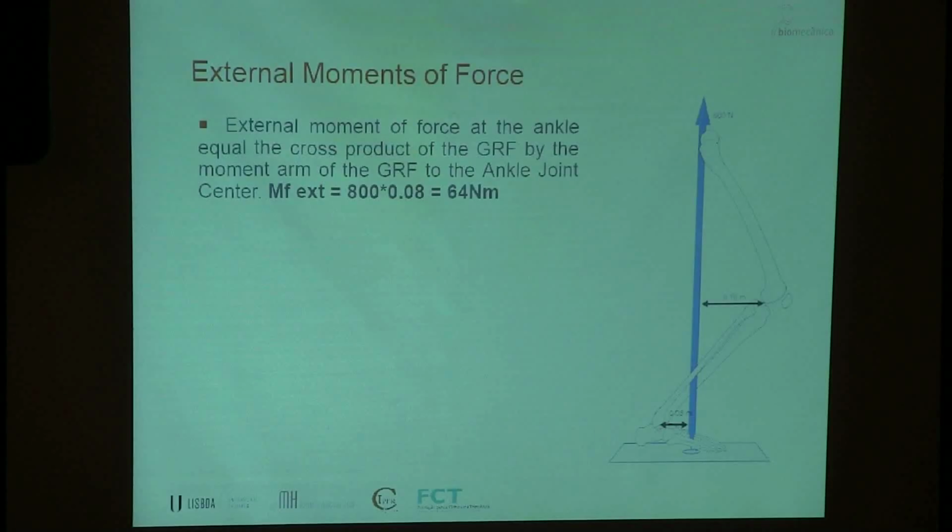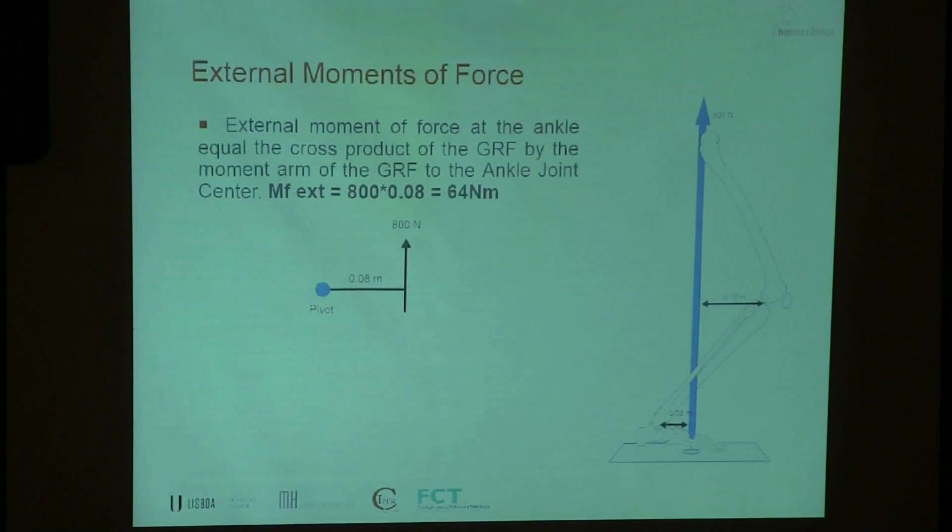So if we have a ground reaction force of 800 newtons, and the distance to the center of the ankle joint is 8 millimeters, then we have a 64 newton-meter moment of force in the sagittal plane. Okay, so basically it's this.